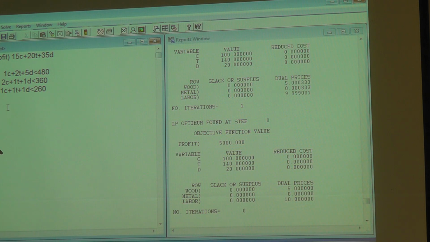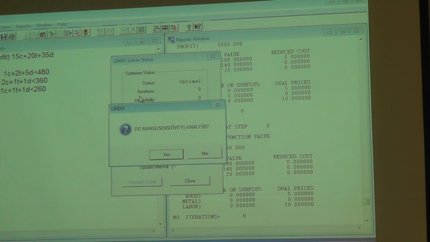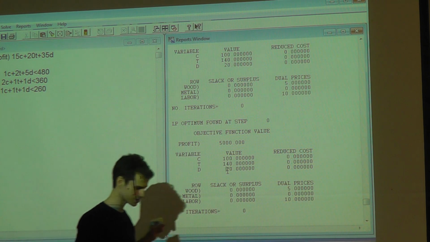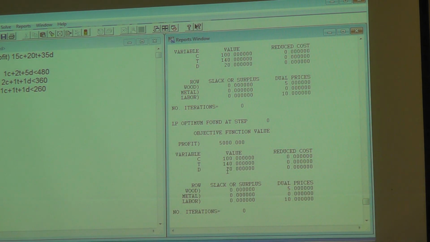So basically, in this problem, now it will show a different one. Okay, yes. So you see, here's something interesting about this program. Once it solves one problem, it remembers the optimal solution, and then it starts from this optimal solution trying to find the optimal solution to another one. If you change the coefficients, it will not redo all the steps from scratch, it will start with the previous solution.